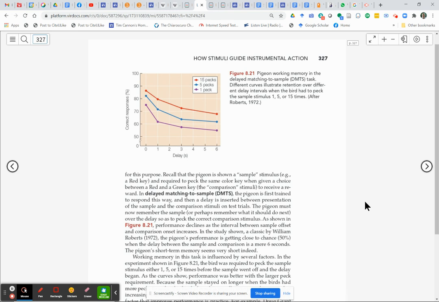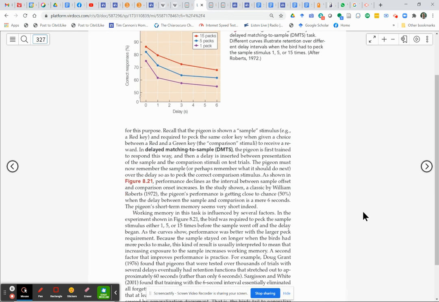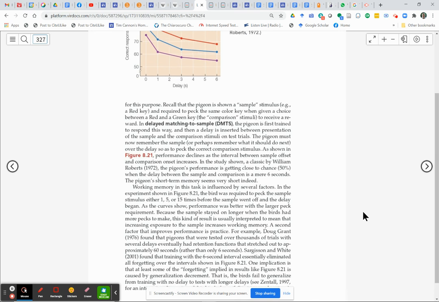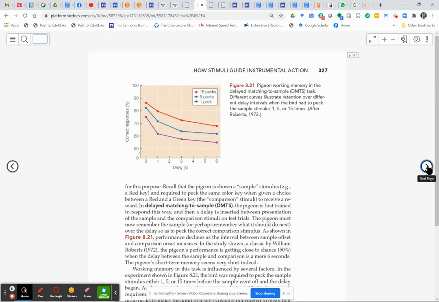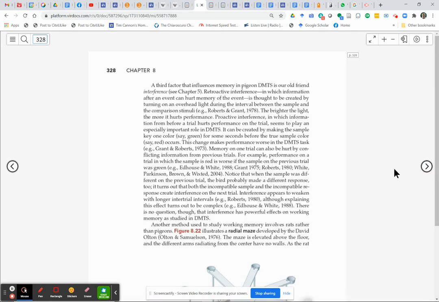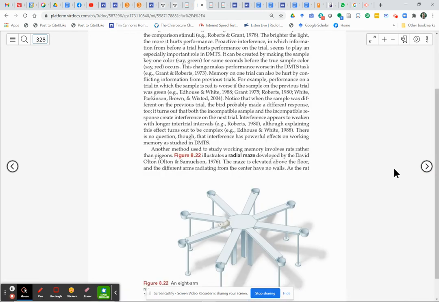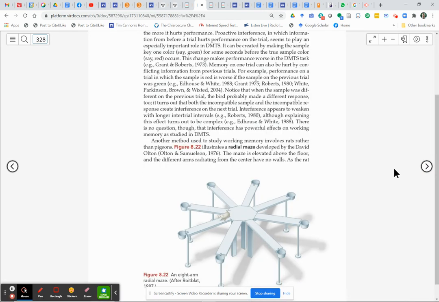We saw that figure earlier. You peck at the white key. Second key comes up red or green, and then immediately you have to pick the key down below. But with the delayed matching to sample, after you see the stimulus, there's a pause where the animal has to, quote, mentally hold on to the concept.